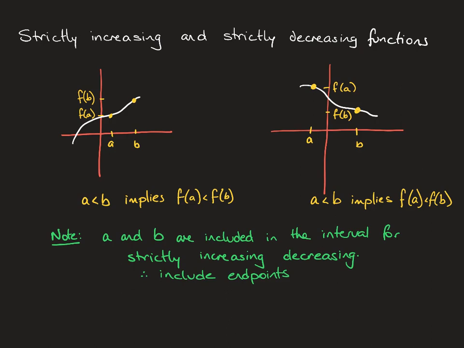If you have a situation where going from a to b the graph is falling, then you have a strictly decreasing function. And again, the definition means that a and b are both included in the interval for strictly increasing or decreasing. So we include our endpoints.